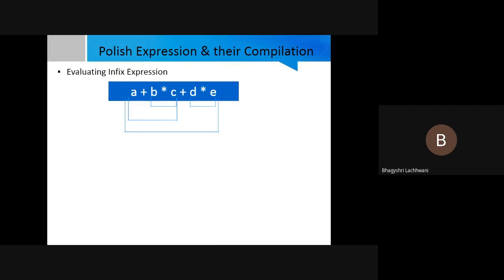For example, either I have to calculate A plus B on the first priority basis, or first I have to calculate B into C, then add the value of A, then separately calculate C plus D, or I have to calculate D into E. That means a number of possibilities will be there to solve the same expression. So how to resolve the conflict, how will we solve these expressions, that is the main question.